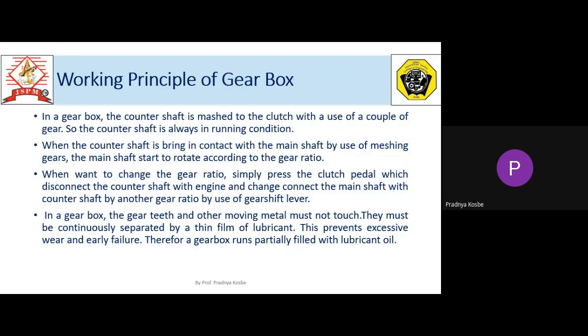This also prevents excessive wear and early failure. For that purpose, lubrication is required. In detail, we'll also see the lubrication part, which type of lubrication oil should be selected. Therefore, a gearbox always runs in a partially filled lubrication system, or it is partially filled with lubricating oil.